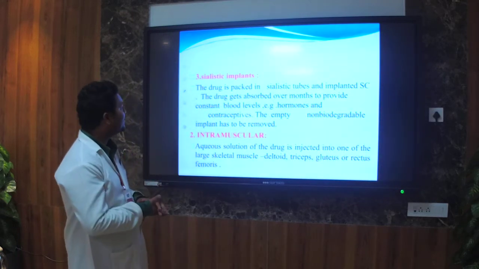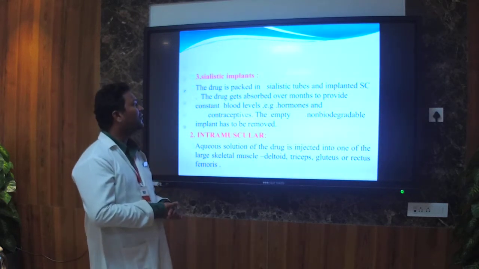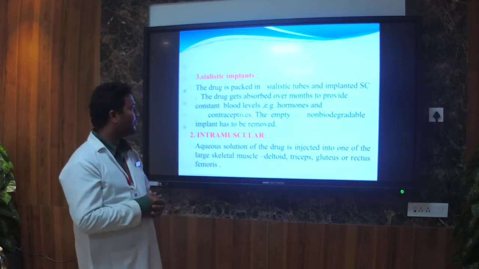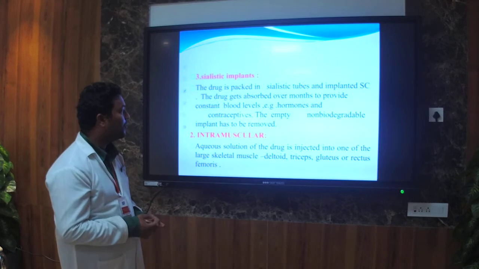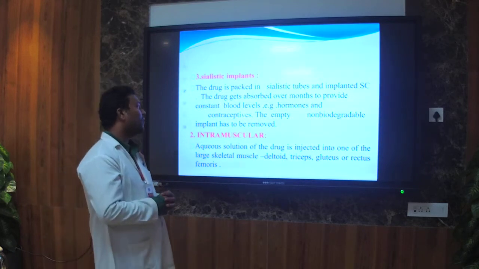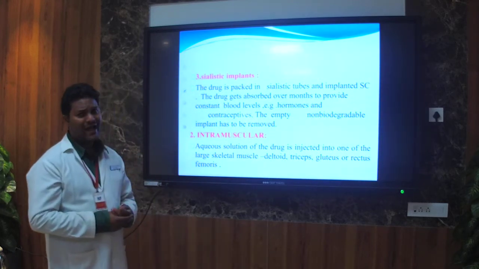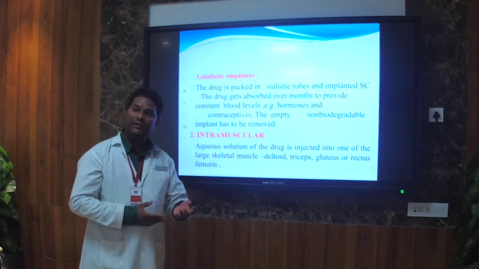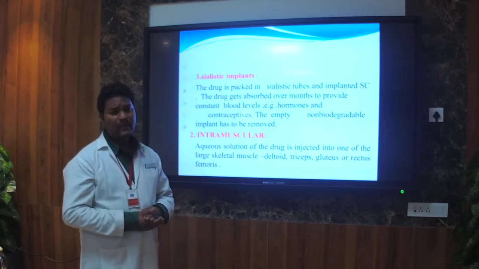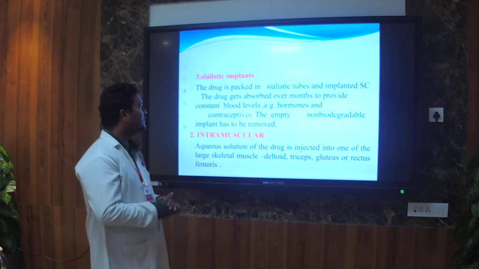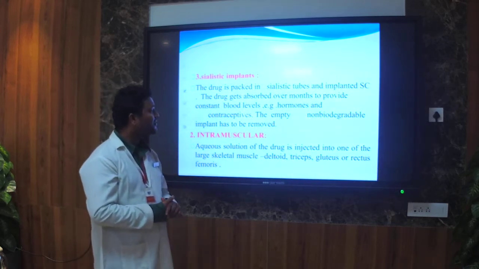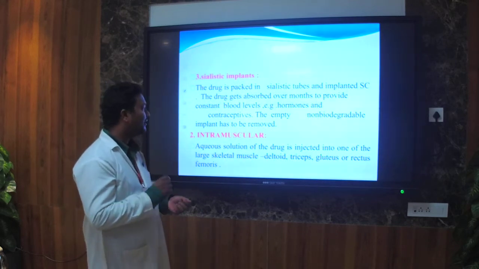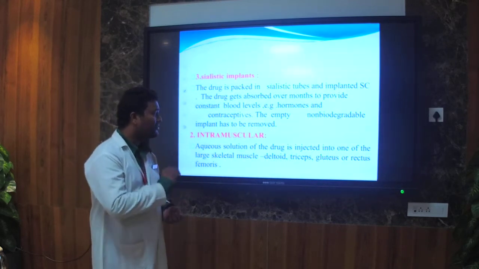Then we have the silastic implants, which are silastic tubes that we implant into the subcutaneous tissue. The drug gets absorbed over months to provide constant blood levels. Examples are hormones. Most of the time in women-related diseases, these tubes are implanted into the woman, and they release hormones like contraceptives.